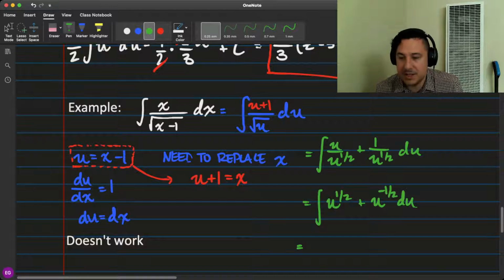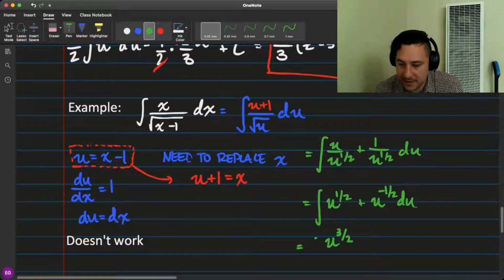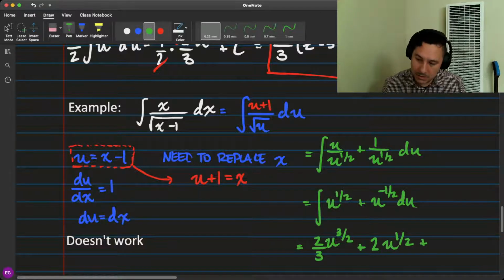And the antiderivative of that is not too difficult. That's going to be u to the 3/2 times 2/3, plus u to the 1/2 times 2, plus c.